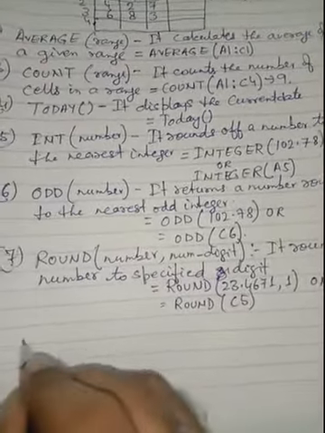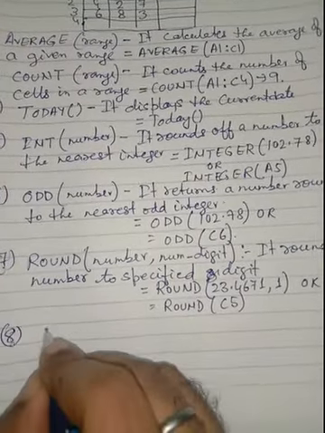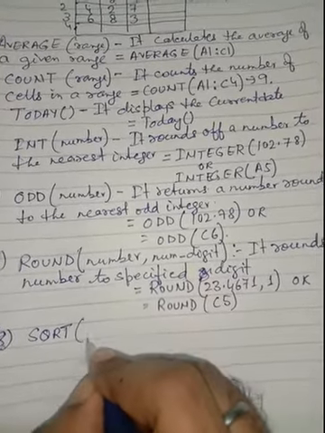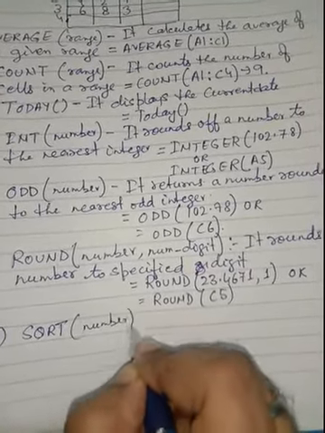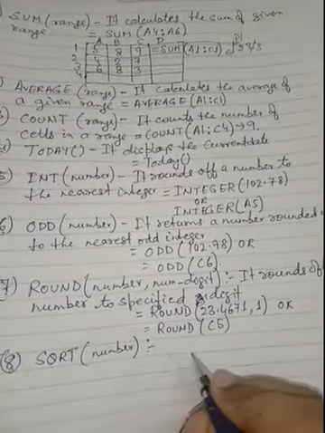Now the next function that is available is SQRT. And here we have to write the number that we want to find the square root of. So it returns a square root.